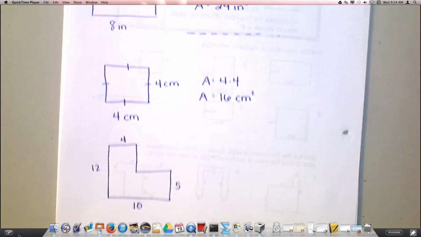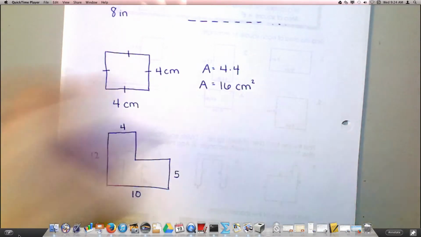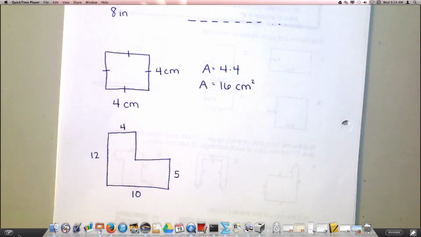Okay, go ahead and draw that figure. List those measurements. Do you know of a formula for a shape like that? Do you have a formula for an L? Not quite. Good thinking.